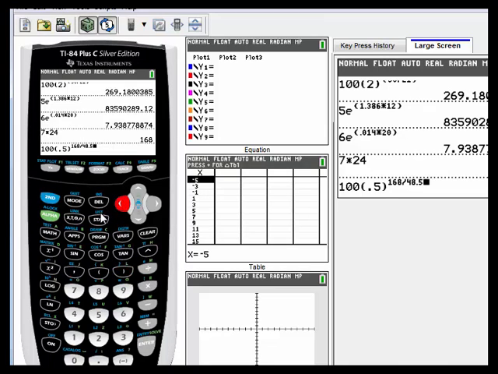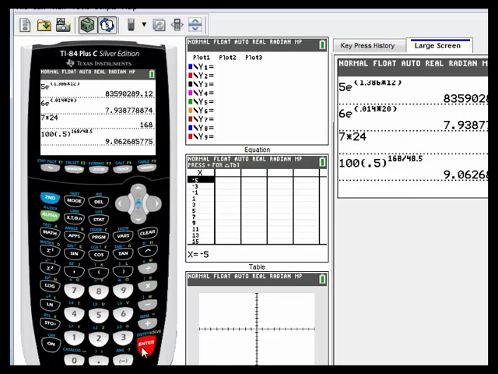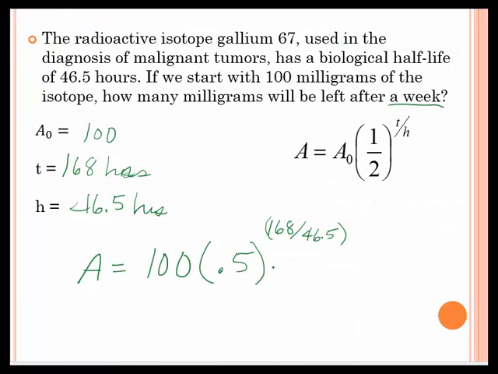Since I didn't put a parenthesis originally, I'll get rid of that one. Okay. So that 100 goes down to about 9.06. So instead of having 100 milligrams, after a week, we're down to 9.06 milligrams.